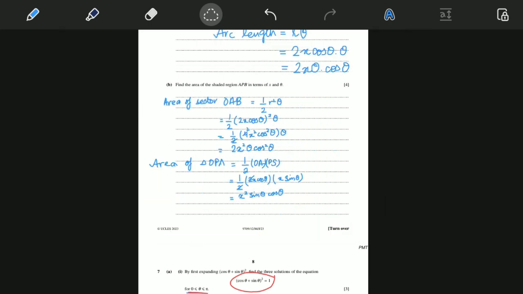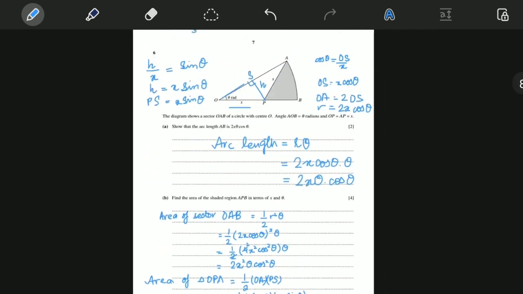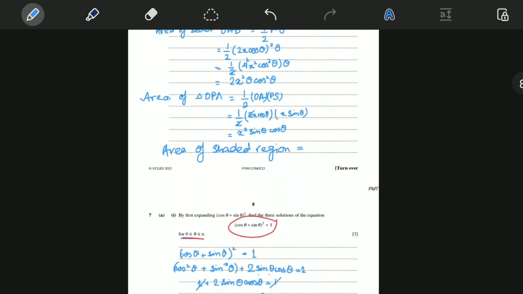And what we'll do now is find the area of the shaded region, which is equal to area of sector minus area of triangle.